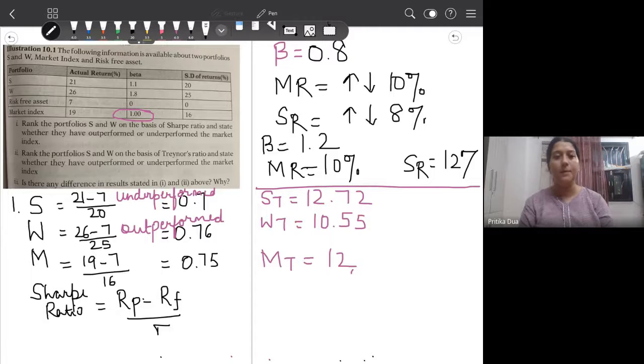So good, you people are absolutely right. Beta can be negative because we see that there are stocks which move in totally inverse direction as to the market index. Many a times there is a dip in the market, but some stocks outperform the market.